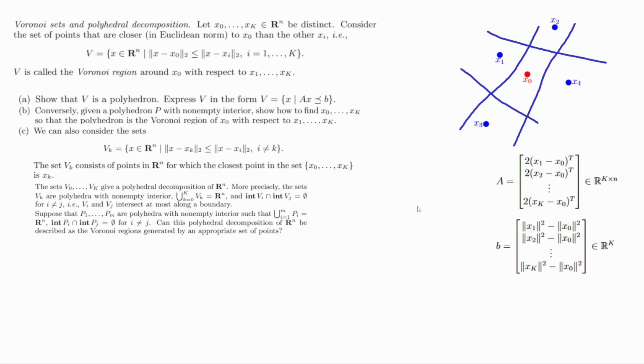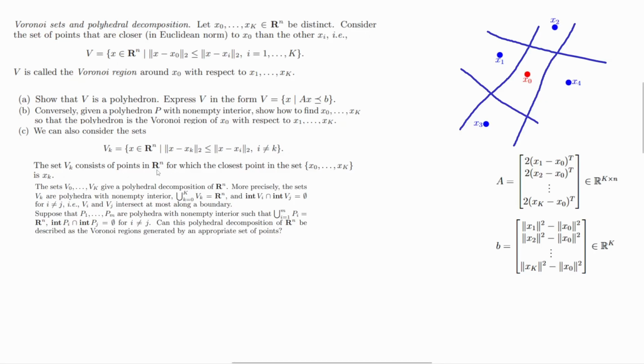Okay, so part C is a little bit more of a setup. It's a long word problem, but essentially part C introduces the full Voronoi decomposition. Instead of the region just around x0, we consider all regions. So Vk is all x in R^n such that the points are closer to xk compared to any other points.